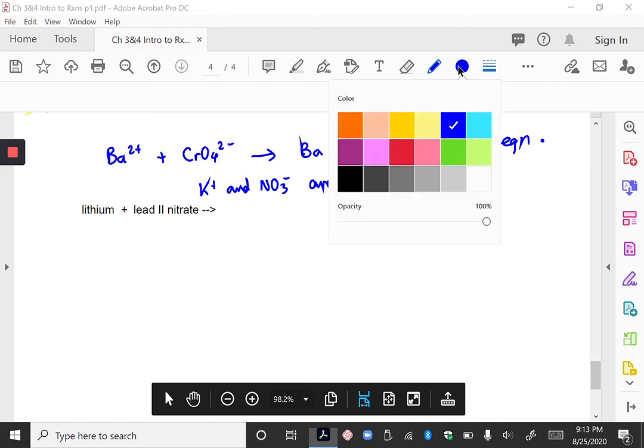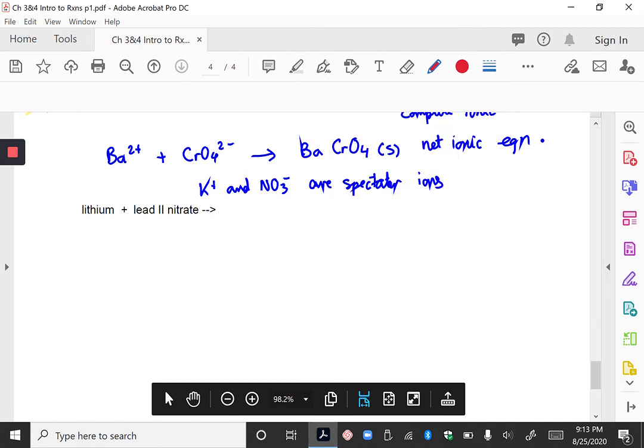Let's try this one to write the molecular, complete ionic, and net ionic equations together. So we have lithium, Li, reacting with lead(II) nitrate, so Pb2+ with NO3-, that makes Pb(NO3)2. It's a single replacement reaction.